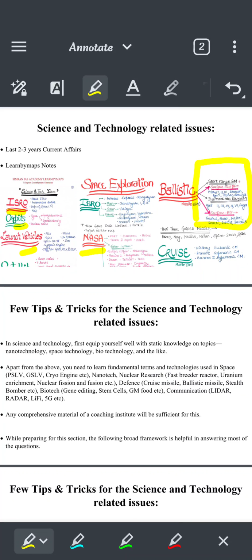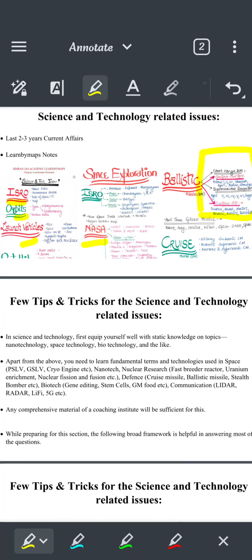So now a few tips and tricks for the science and technology related issues. In science and technology, first equip yourself well with the base static knowledge on topics like nanotechnology, space technology, biotechnology and the like.